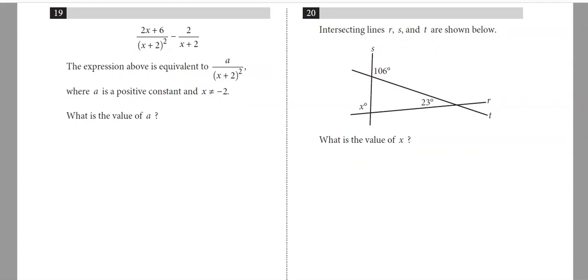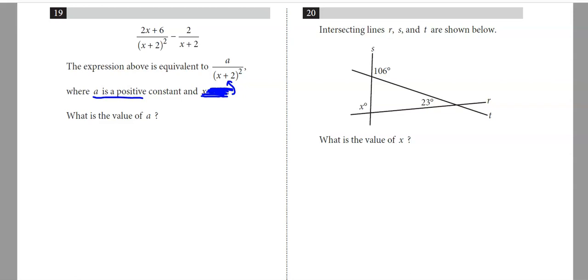Give myself some room. And this whole business right here, a lot of kids get hung up on this. This whole business just means I can't put 0 in there, because then I'm going to have 0 on the bottom, and you're not allowed to divide by 0. So this really isn't very important on this problem. This is pretty important though. Only pick a positive a.